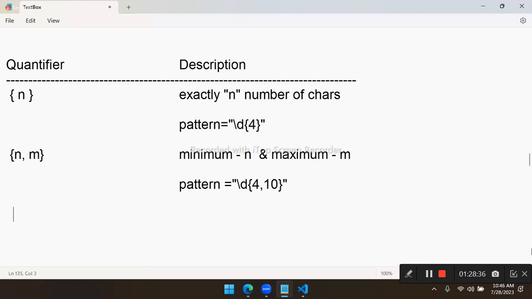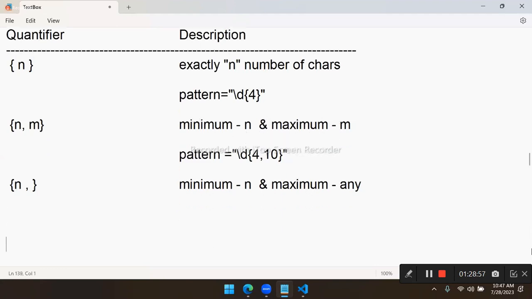Suppose you write like this, n, comma, and curly brace close. This indicates minimum n and maximum any number. Minimum starting with that, ending with anything. That means you can write pattern is equal to \d and 4 comma and close.